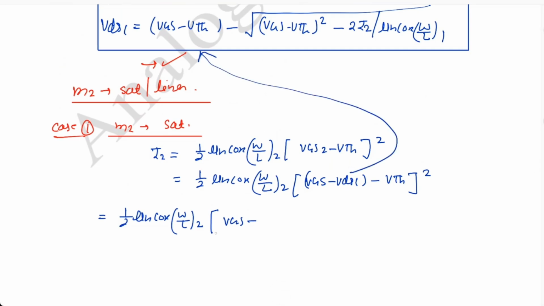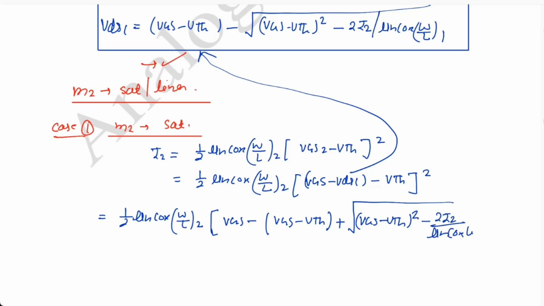We will put that value here: VGS minus VTH, and then minus minus will be plus root over (VGS minus VTH) whole square minus 2I2 divided by mu1 Cox W by L1, and minus VTH.